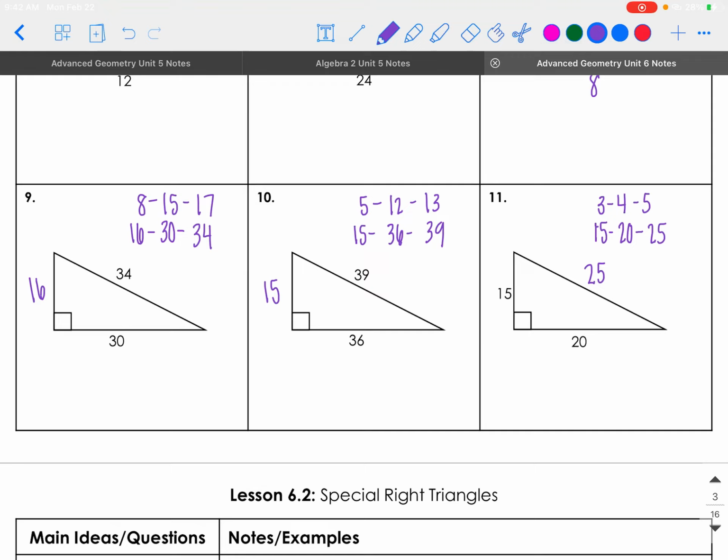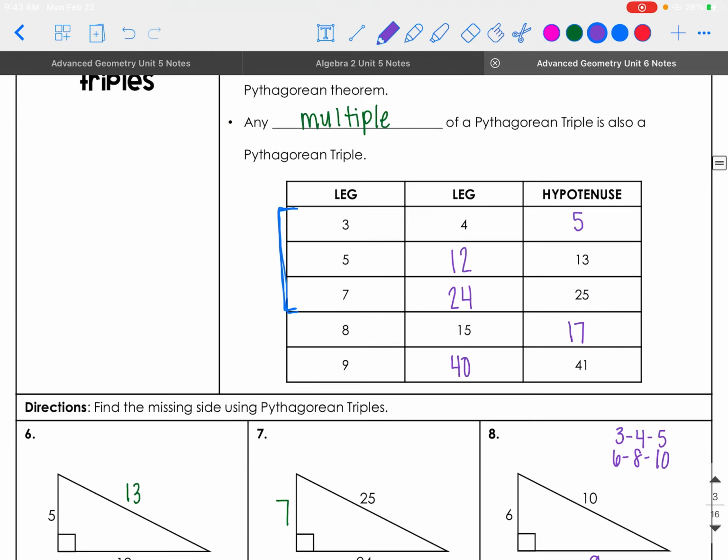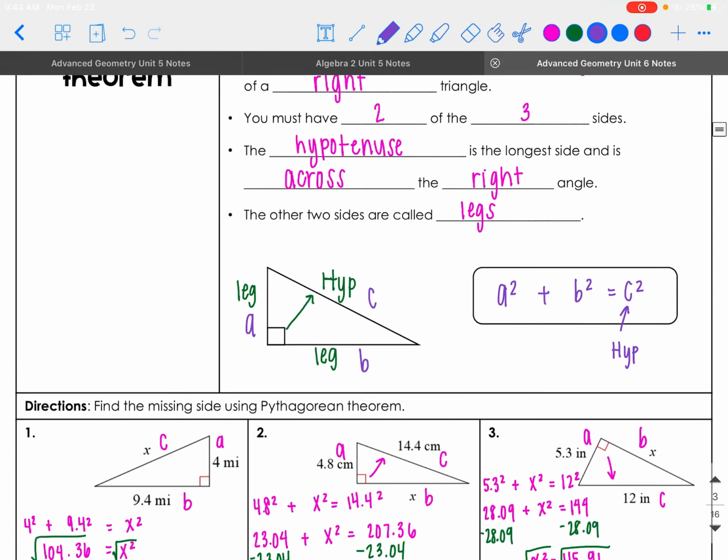So if you see numbers, before using the Pythagorean theorem, first check to see if it might be a triple. It might save you some work. If you don't have those memorized or you forget them, you can still do the Pythagorean theorem. It just might take you a little bit longer. And a lot of the examples that we're going to see throughout this unit are going to be these Pythagorean triples, so it'll save you some time if you have them memorized. If you have any questions, let me know.